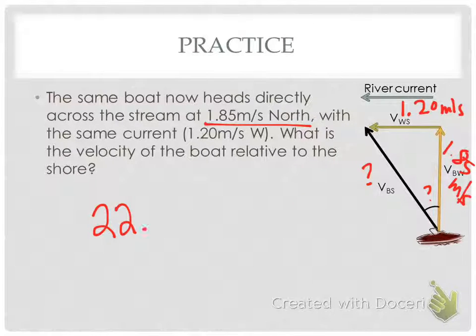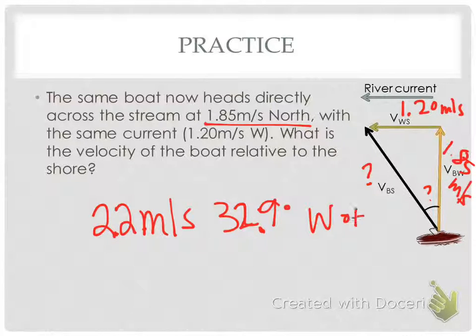And then what was the angle? 32.9. Probably just a calculator thing. West of north. Good. Okay, west of north. Very good.